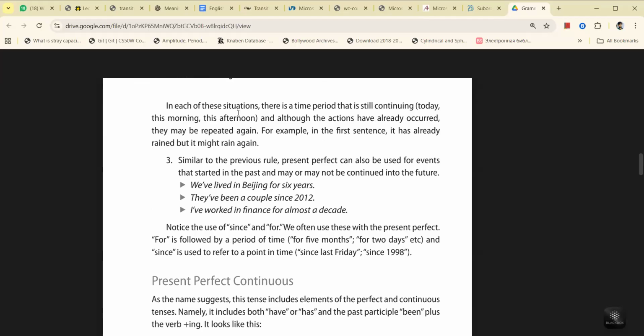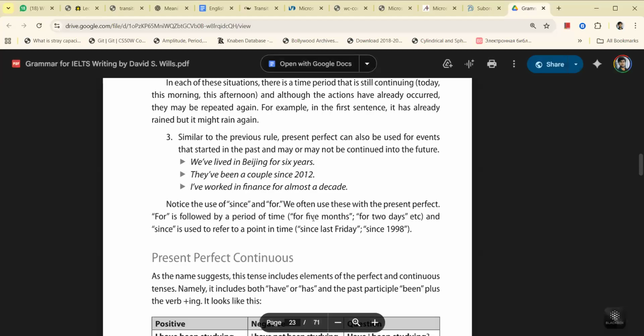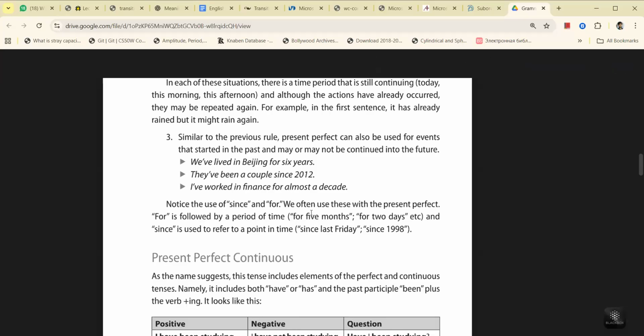Similarly, third, the present perfect can also be used for events that started in the past and may or may not continue in the future. We have lived in Beijing for 6 years.